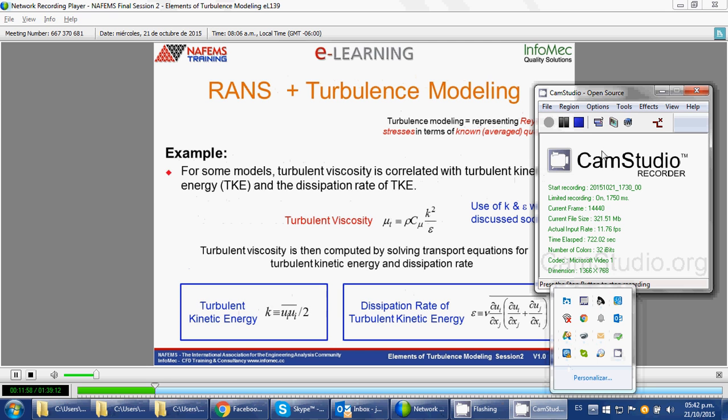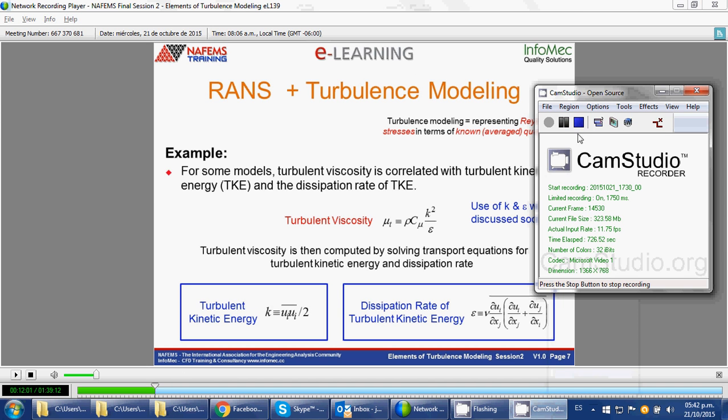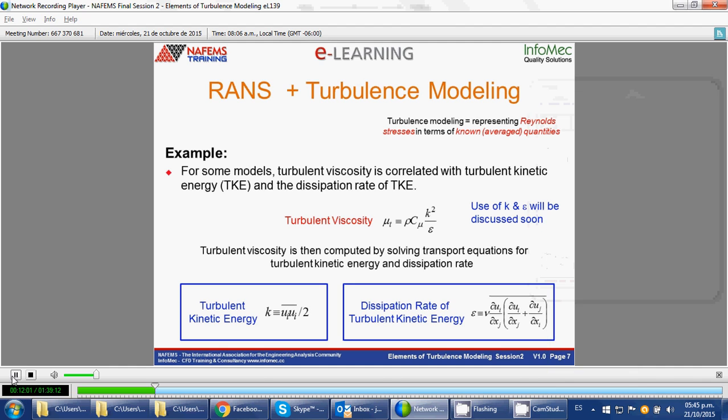One example of turbulence modeling, RANS turbulence modeling, is our well-known K-epsilon model. For example, this mu t can be represented in terms of K and epsilon.